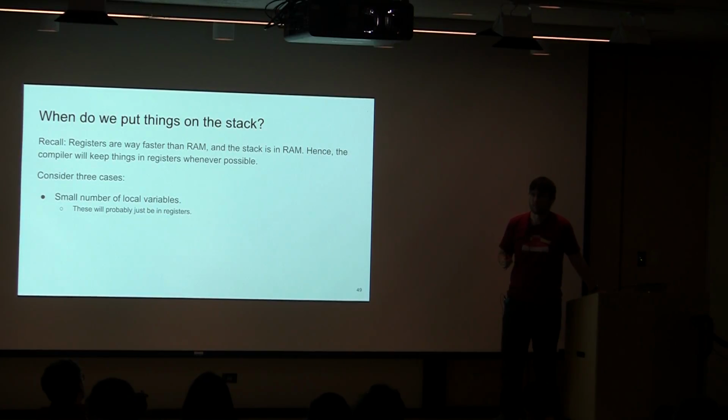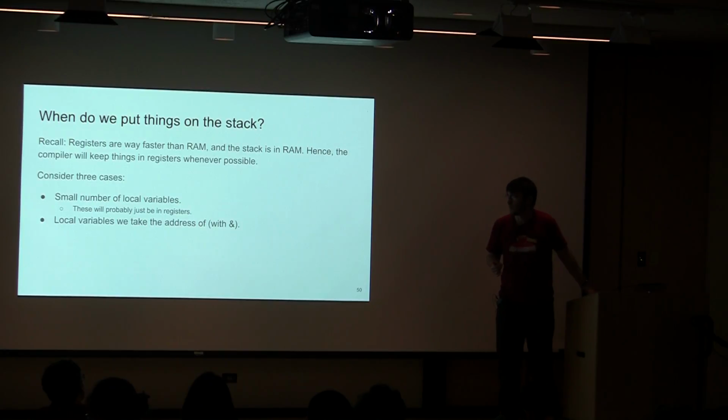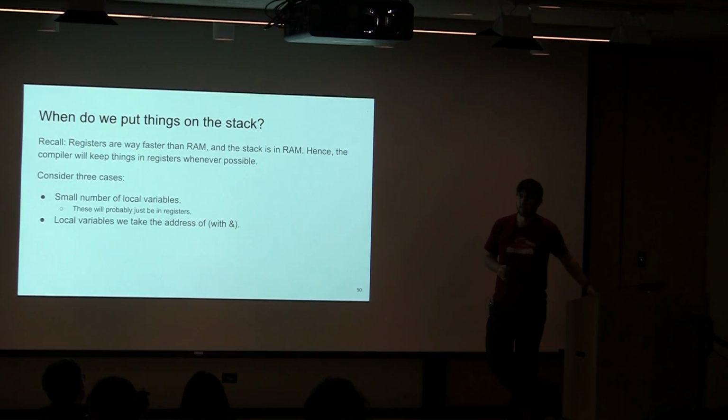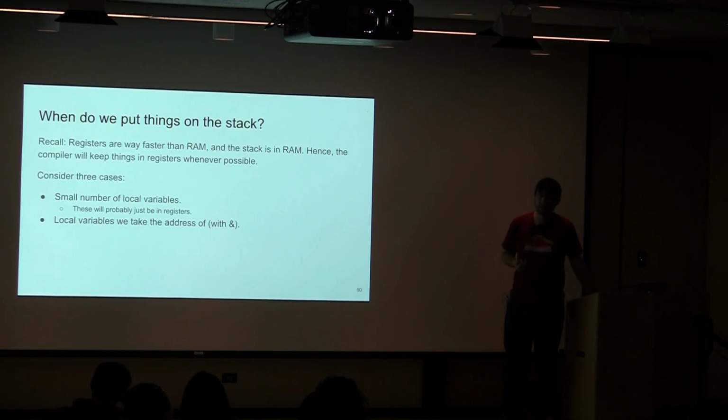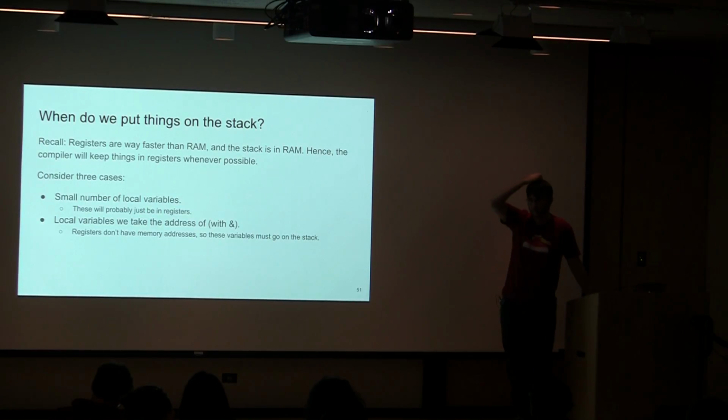But there are a couple special cases. If we have any local variables that we need to take the address of, registers don't have addresses, right? Only things in memory have addresses. So if we ever take the address of one of our variables, then that forces GCC to put that variable on the stack. So those variables will be on the stack, just like in the function we saw before, where some things were on the stack and some were in registers.